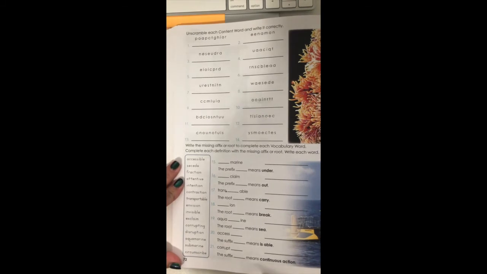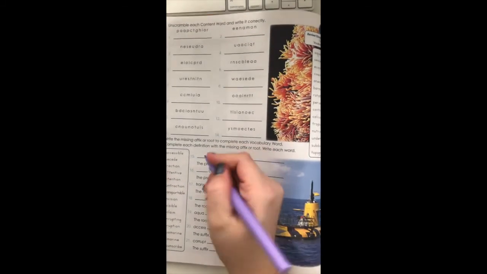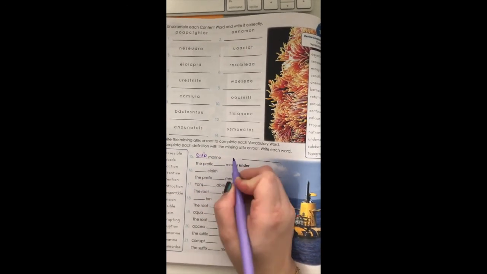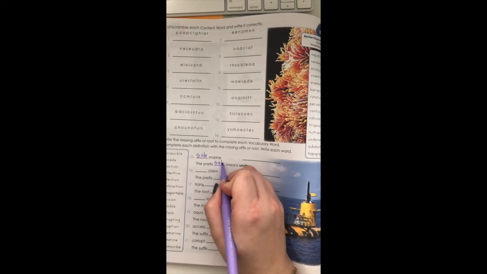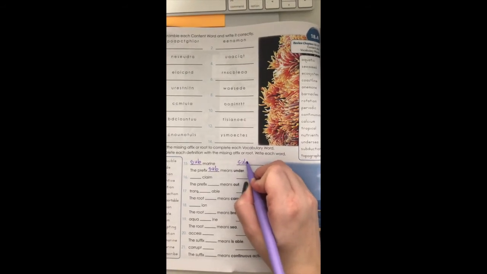Well, in this case, because we have two words ending in marine, which makes it a little bit more difficult than our other words, we're going to decide that sub means under. So you would write sub here, because sub means under. And the line next to it is so that you can write the word completely.